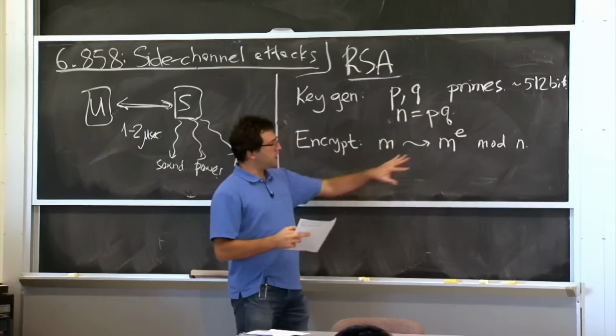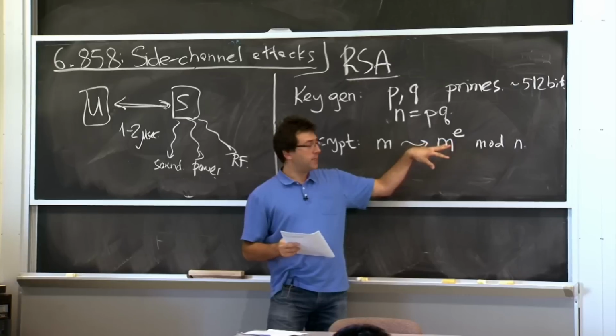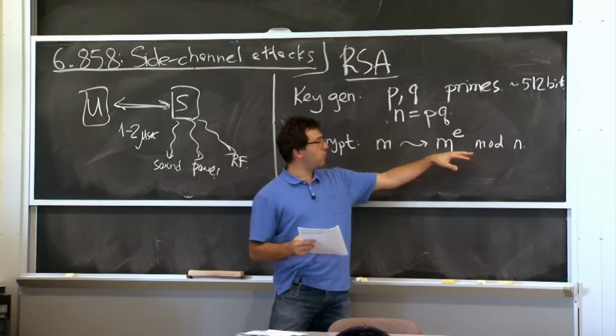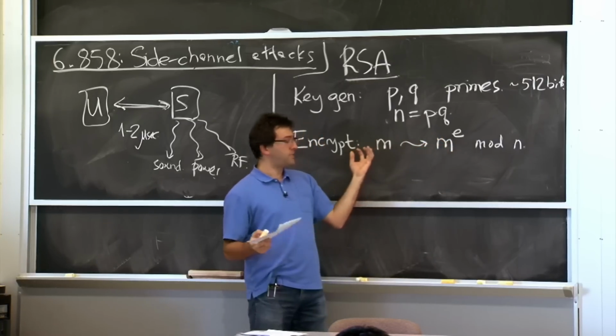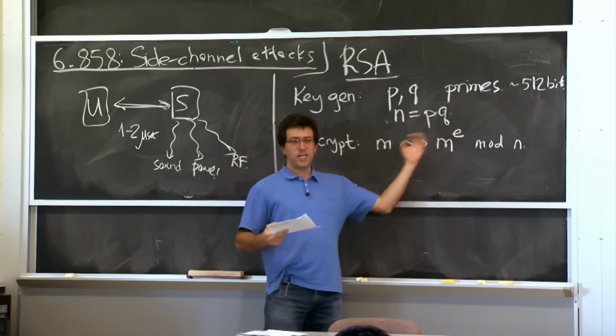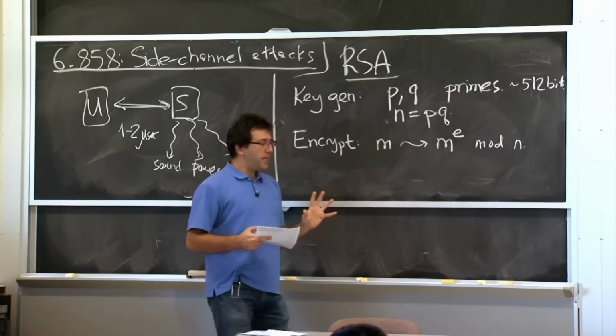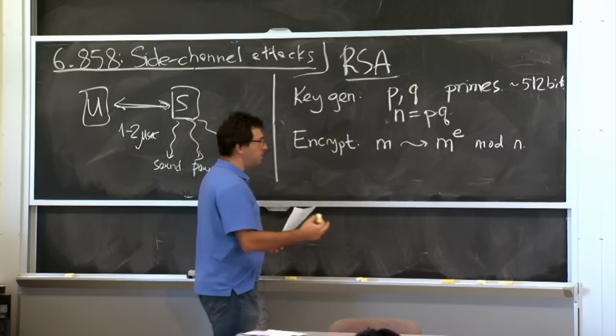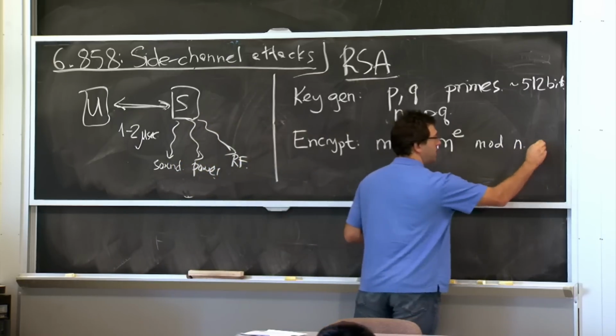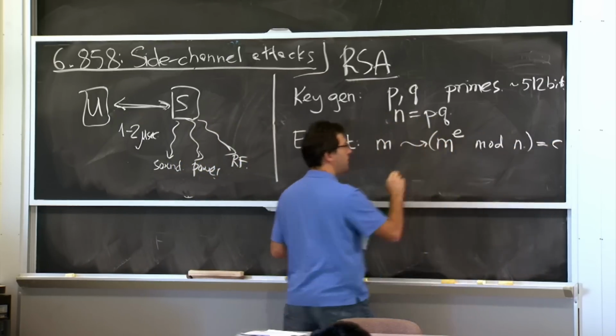So e is going to be some exponent. We'll talk about how to choose it in a second. But this is how we're going to encrypt a message. We'll take this message as an integer and just exponentiate it, and then we'll see why this works in a second. Let's call this C, the ciphertext.